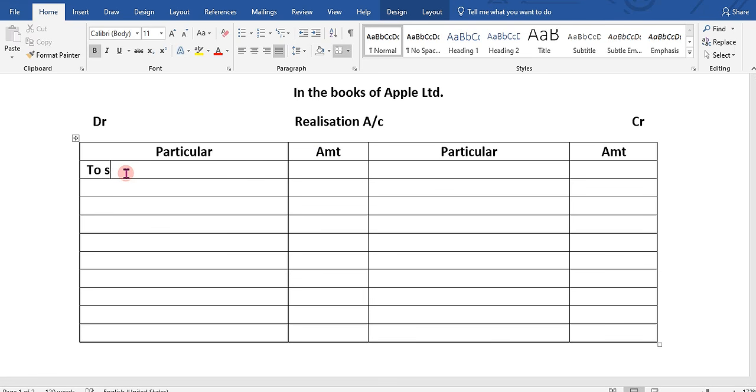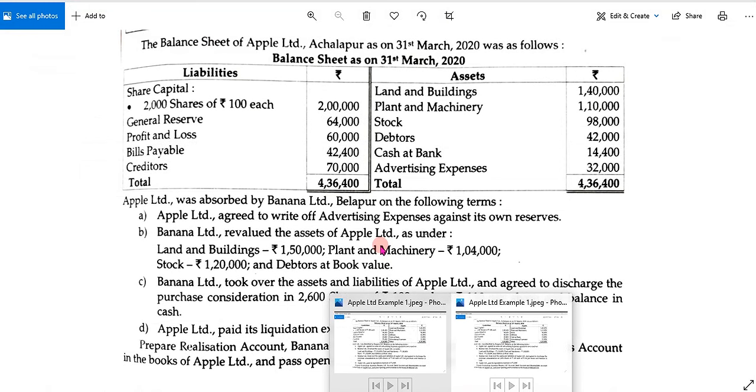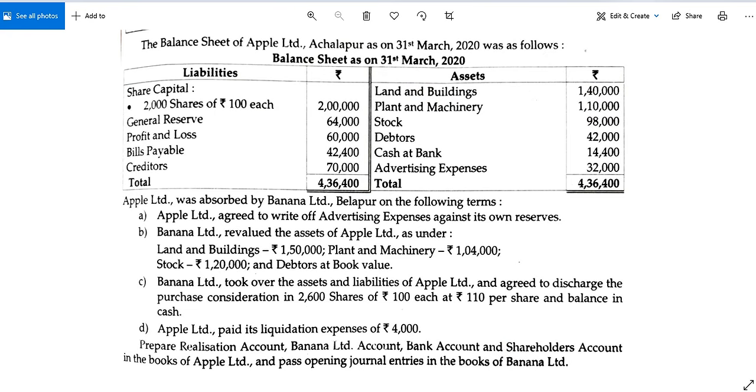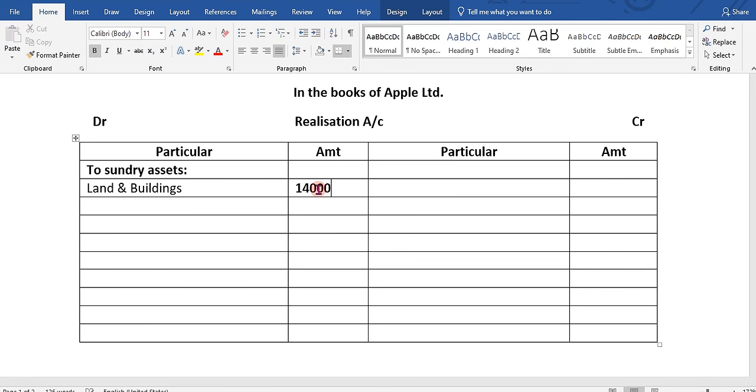So to sundry assets: first is land and building, value is 1,40,000. Next is plant and machinery, 1,10,000.